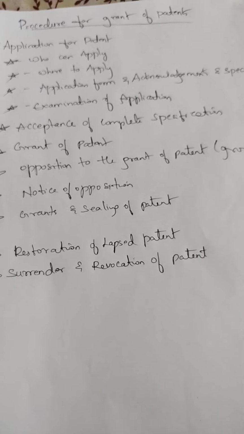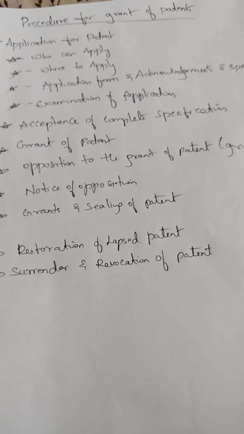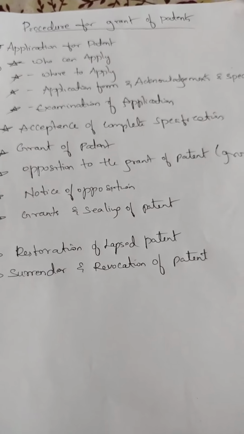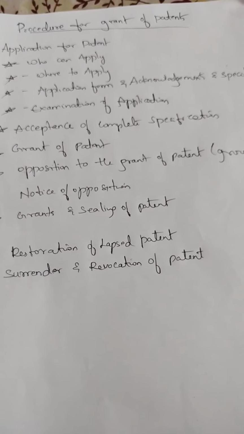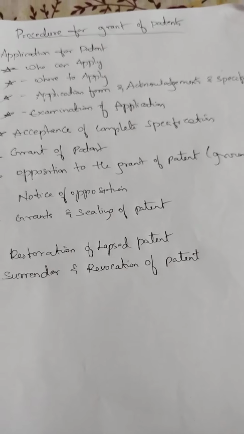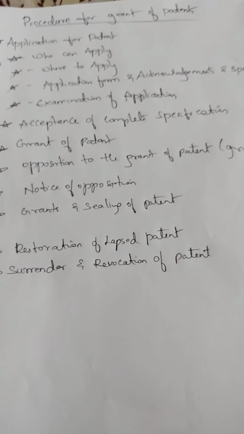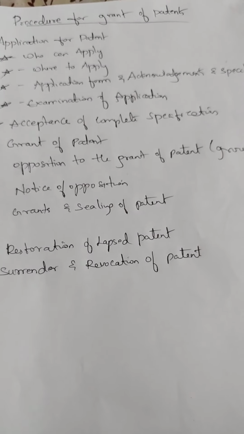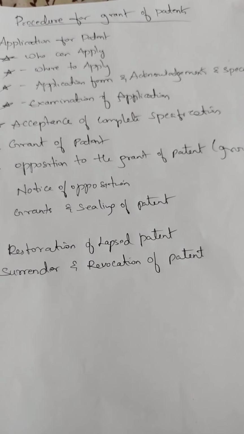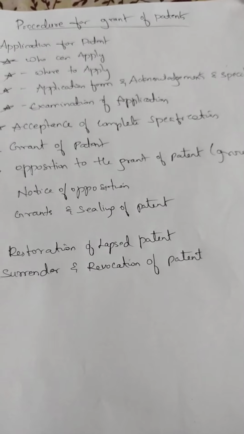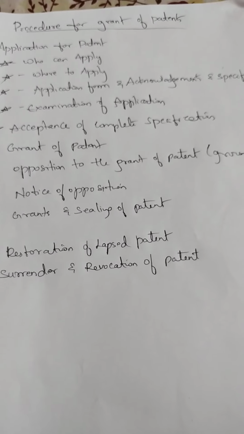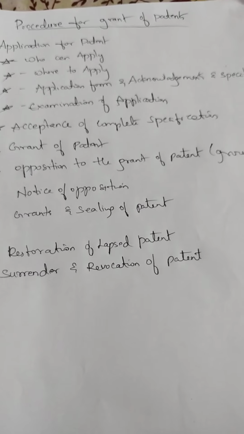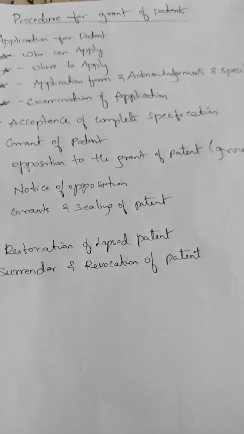If it is all satisfactory, if everything falls in place, and if everything is according to the act, and within the meaning of this particular act, not rejecting or opposing any rules and regulations, if it is found satisfactory, then the patent will be granted and it will be sealed. This will happen according to Section 25 under the act.